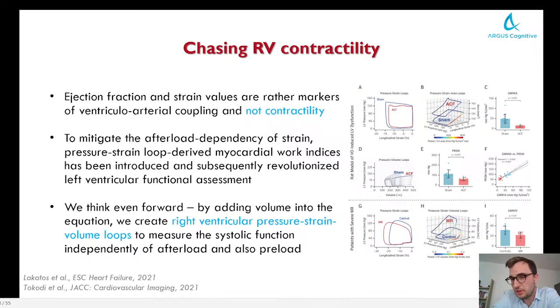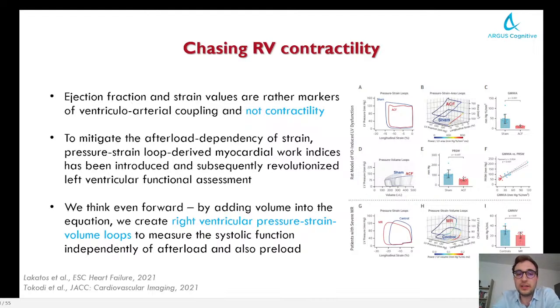We have some preliminary data regarding the left ventricle. We had previous studies in which these myocardial work measures showed a nice correlation, markedly better correlation with contractility.